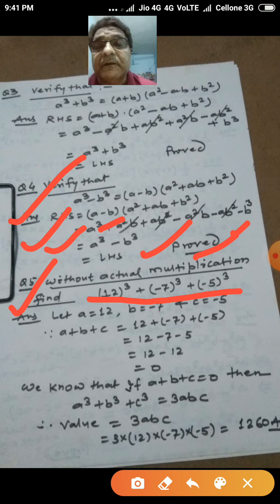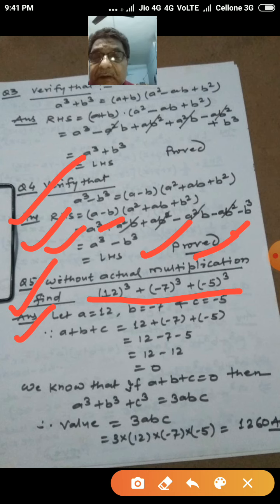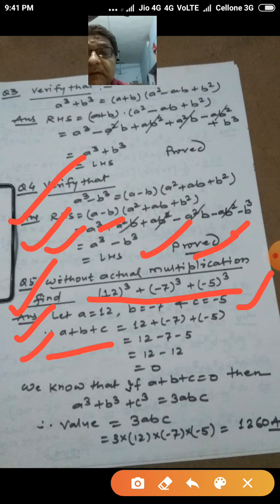When three terms are in cube, first we suppose the numbers inside the brackets as a, b and c. Let a be 12, b be minus 7 and c be minus 5. Now we add these three, a plus b plus c, and on simplification we get 0.